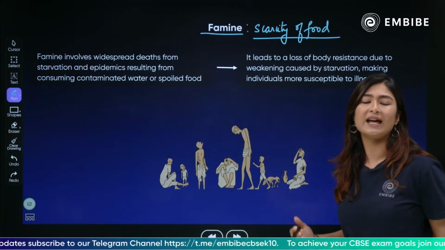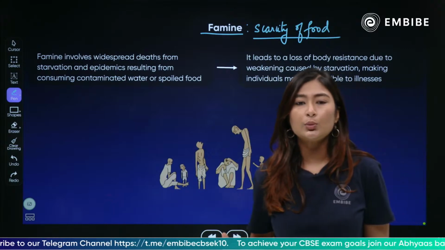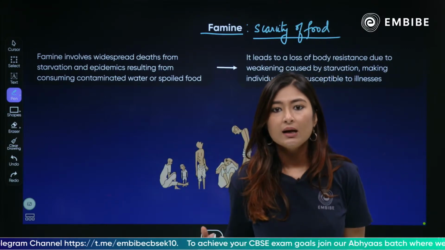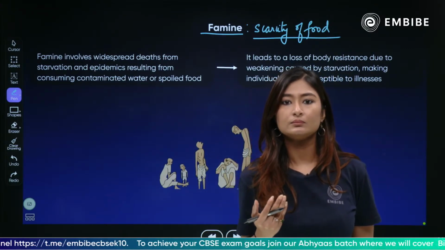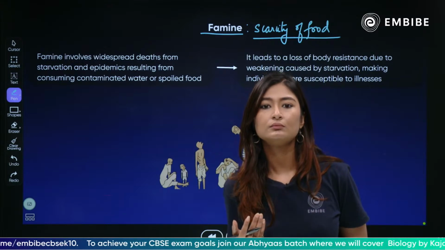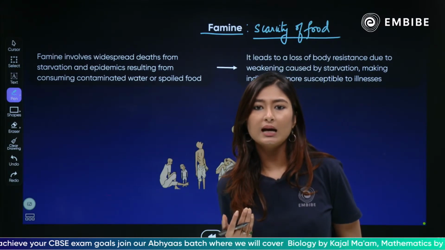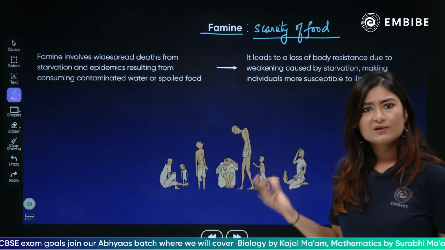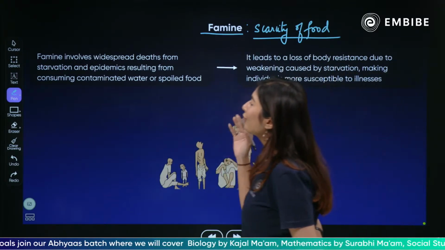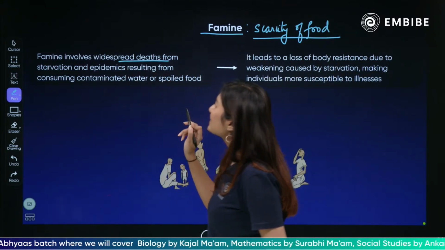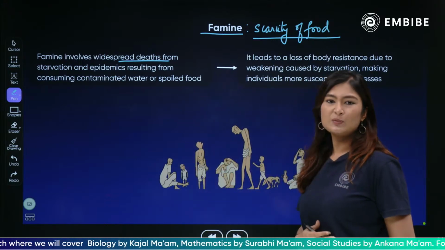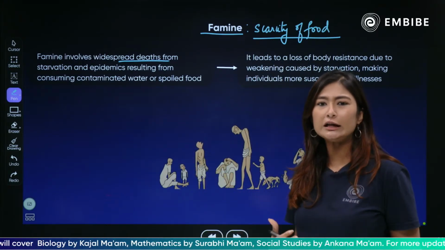It will lead to deaths, it will lead to malnutrition, it will lead to a lot of illness, right? It is characterized by widespread hunger. Famine involves widespread deaths from starvation, which means people do not have food, they are hungry, right?